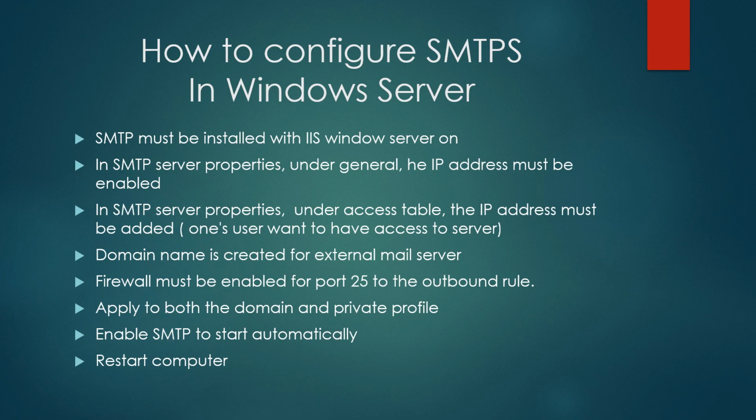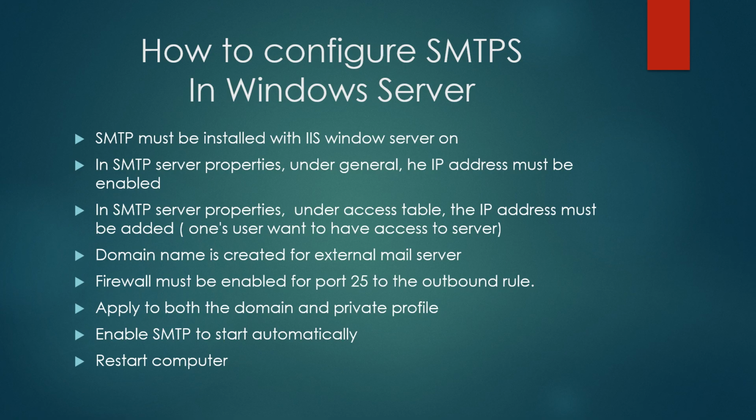Then from there, you get another portal whereby you're able to create your domain name. Then another thing you need to do is to enable the firewall itself, which is how you're able to secure the SMTPS. Then you have to apply after securing it.